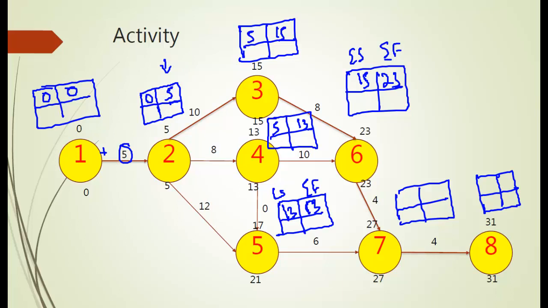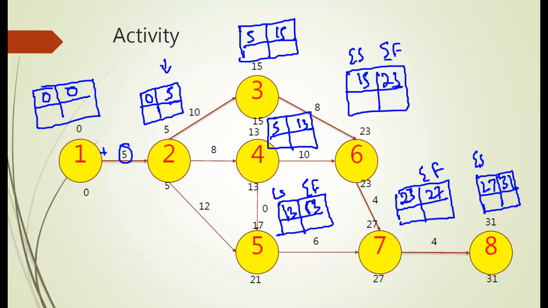So 7 has to wait till 6 finishes at 23, and that will be its start point. 23 plus 4 is 27, so 7 finishes at 27. That is the early start of 8, and 27 plus 4 is 31.